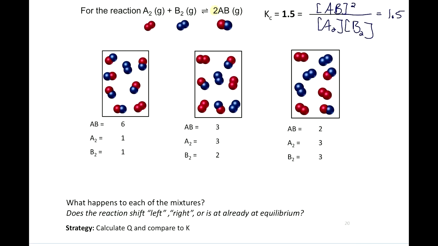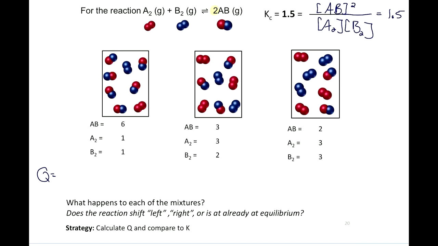So let's use this information and determine what are these different pictures at. I've done the counting for you. It's just up to us to calculate what is Q at these conditions. The reason I'm saying Q is because I don't know if these reactions are at equilibrium or not. So to calculate Q, I'm just going to plug in these actual concentrations into the K expression.